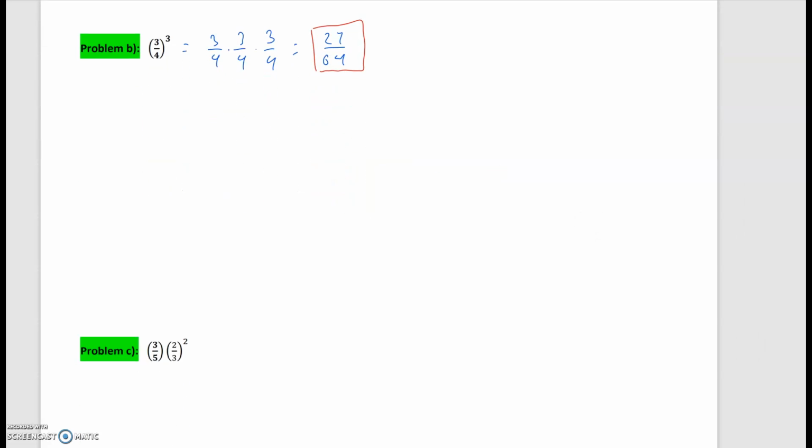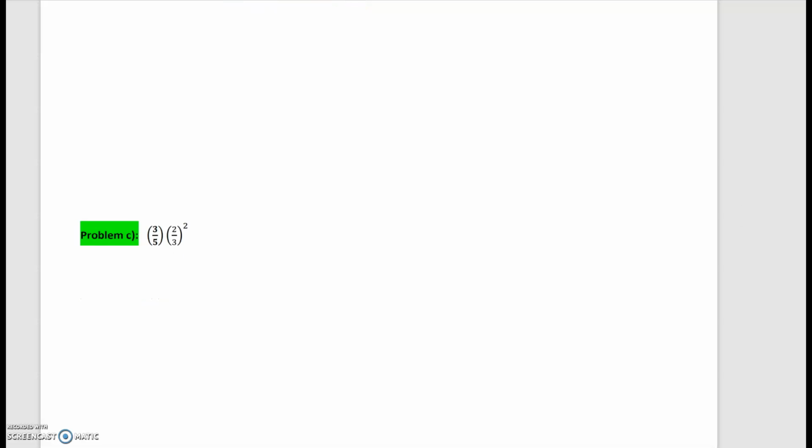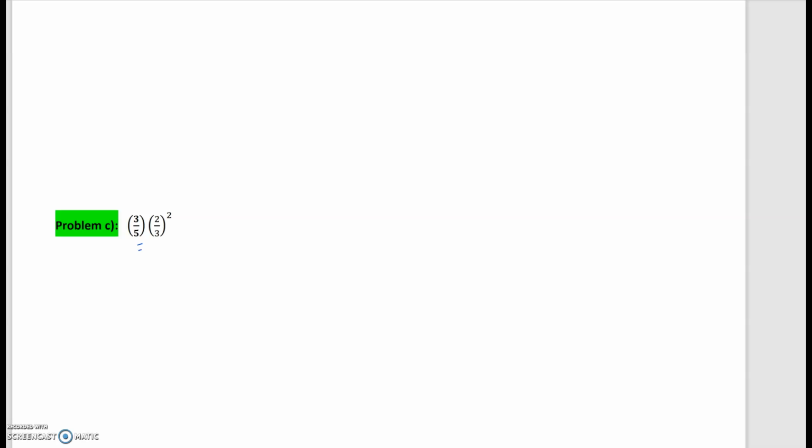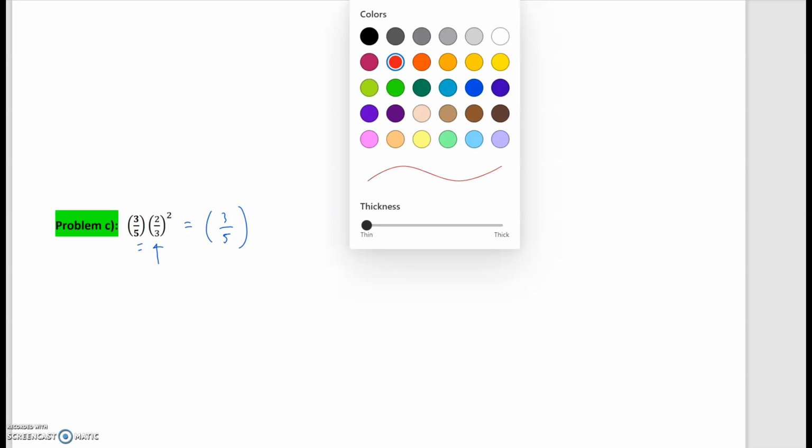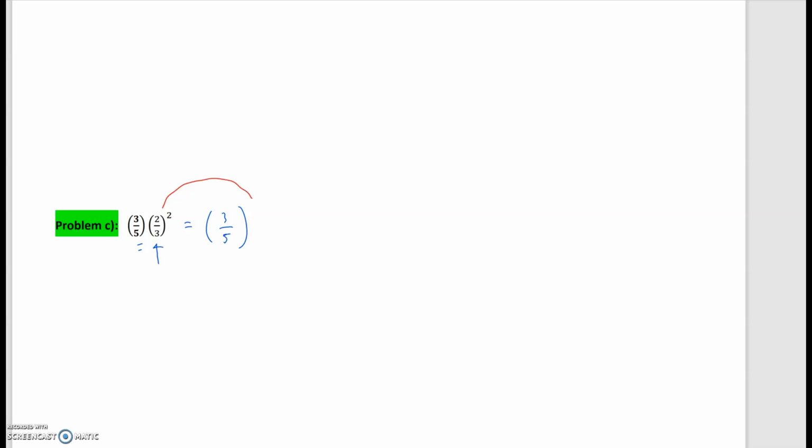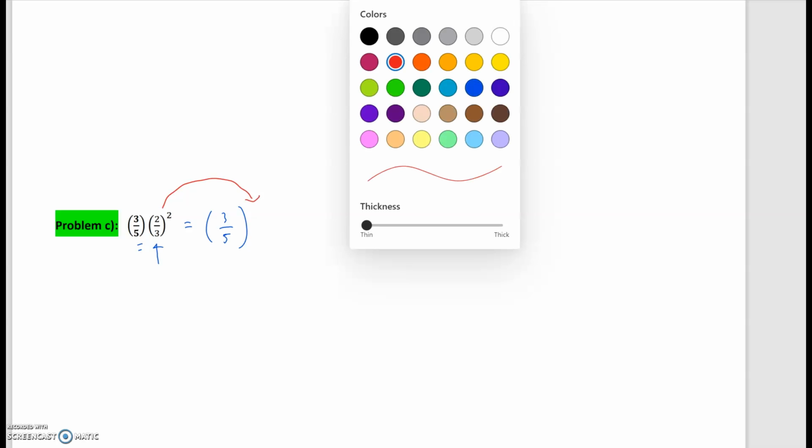Okay, let's take a look at problem C. Now, problem C, before you multiply the 3/5, you have to simplify inside of the parentheses and apply the exponents. So in this case, this one is just going to be the value of 3/5. And then I'm just going to apply the exponents. Remember that you apply the exponents to the top and bottom.